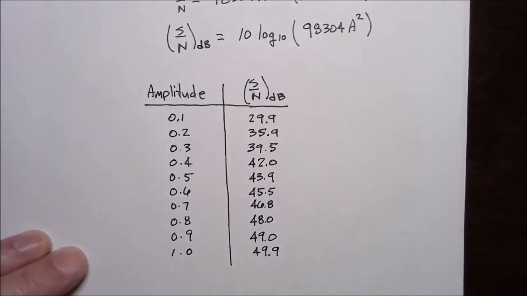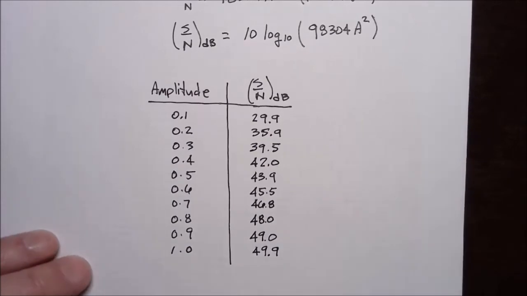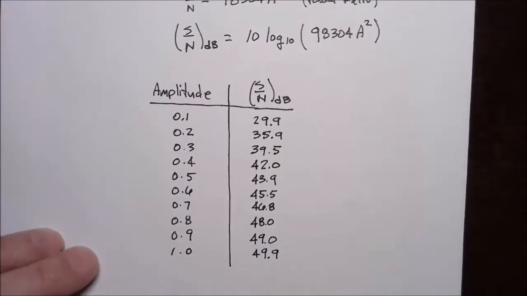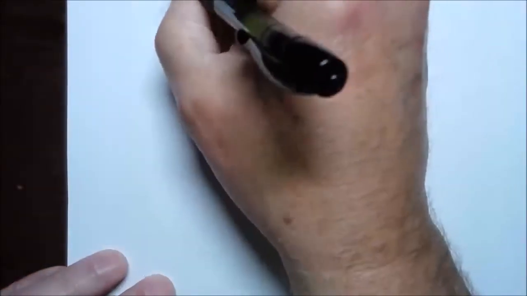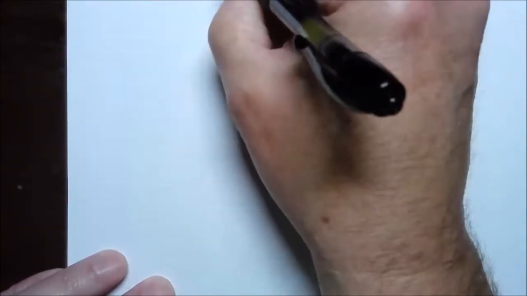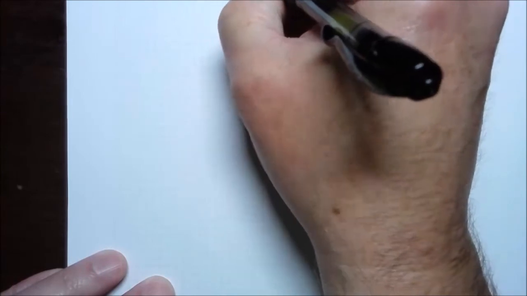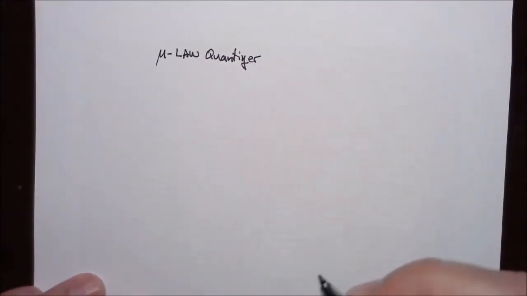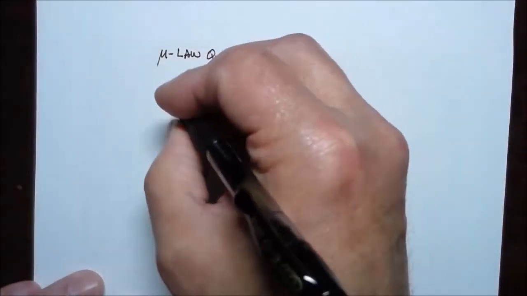Now I want to do a similar calculation for a mu law quantizer. This is non-uniform quantization.